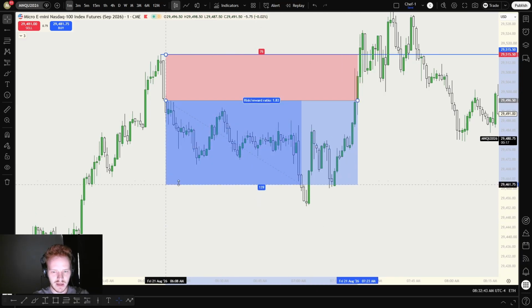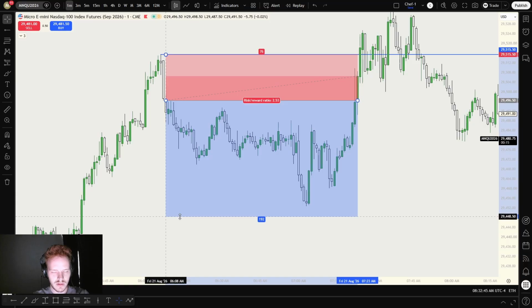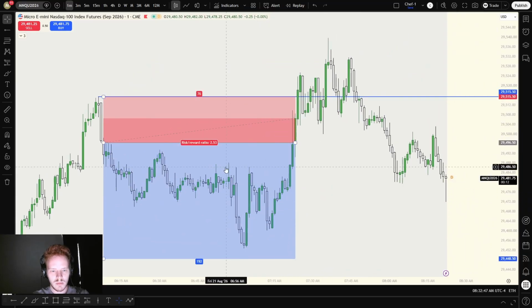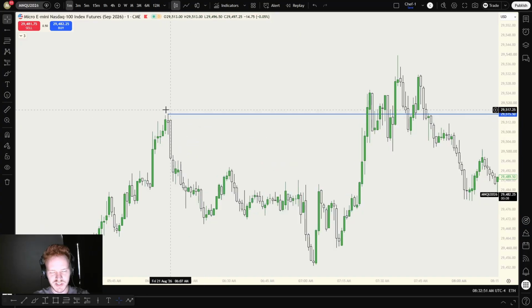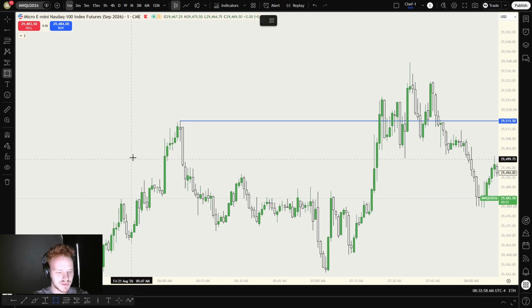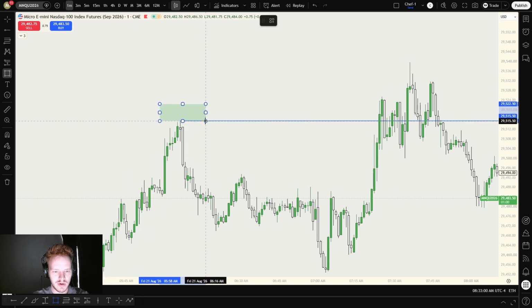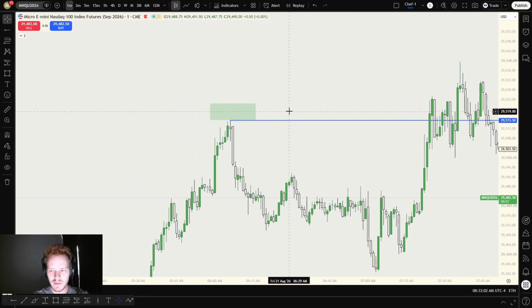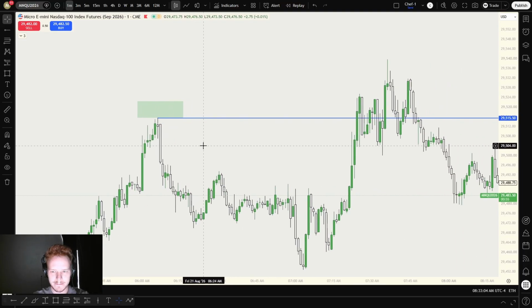For the ones that did pull out somewhere within here, they're smart. But for the people that didn't pull out of the market and had stops here, they viewed this as a point of resistance, retail, and retail concepts specifically that ICT does not teach. There are stops above this high, right over here. Specifically, there's going to be buy stops.